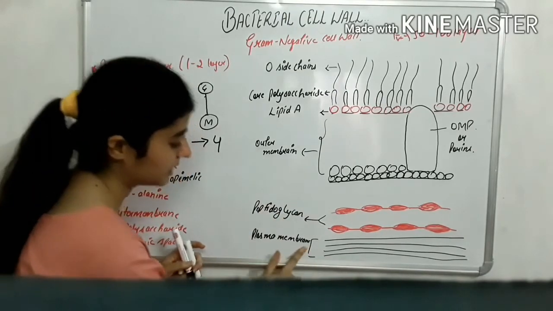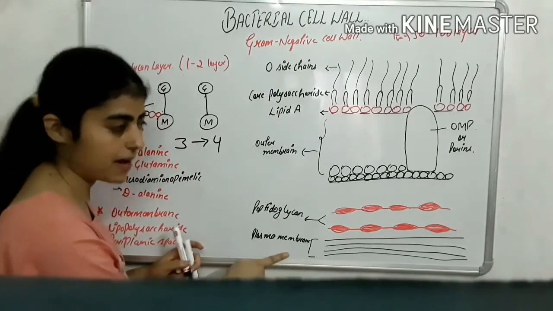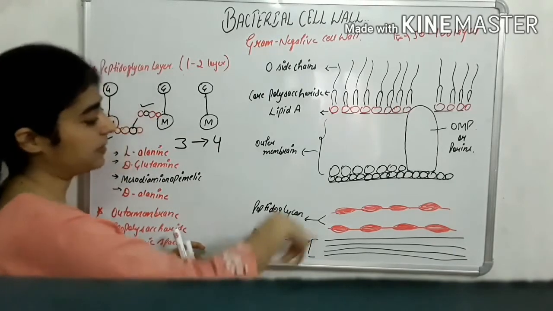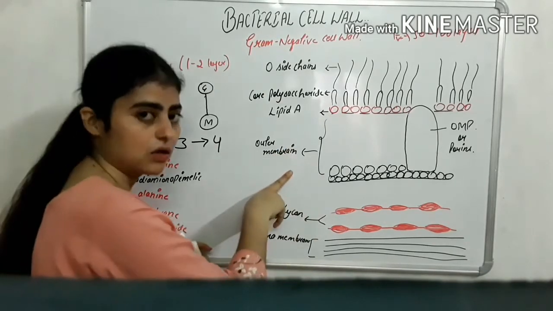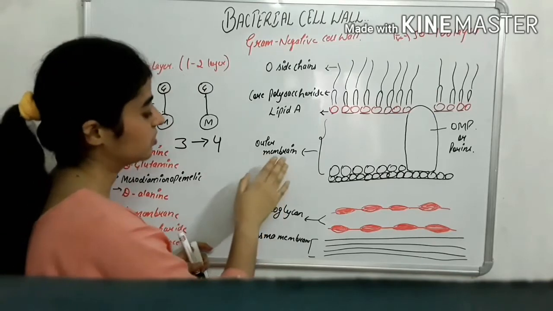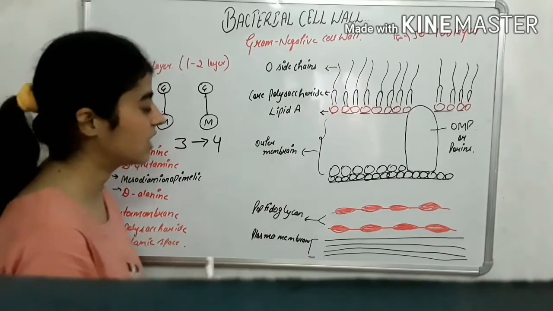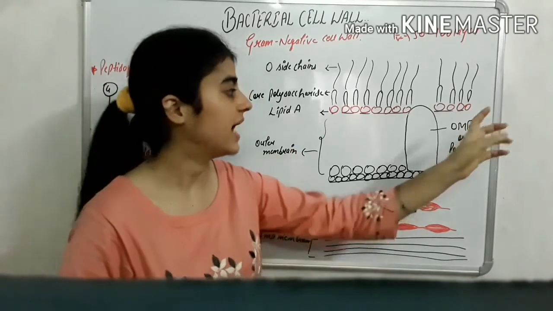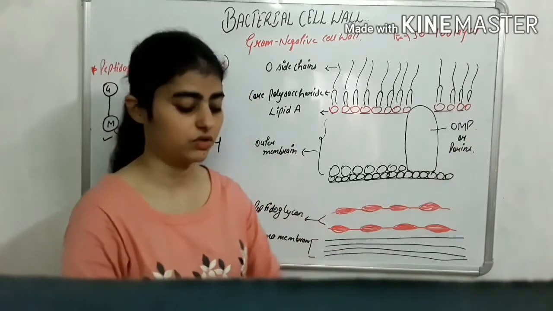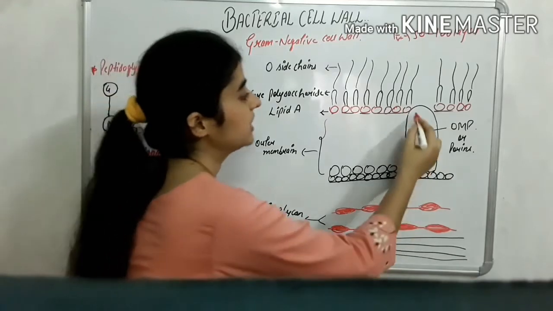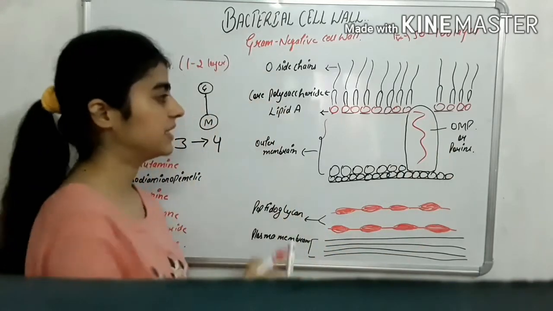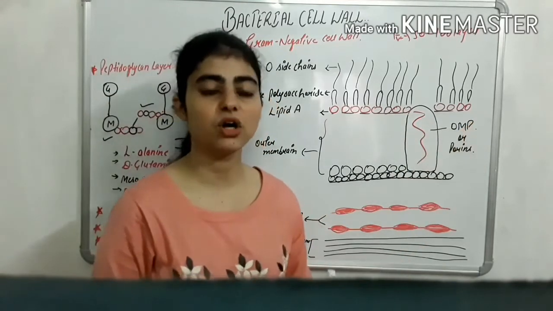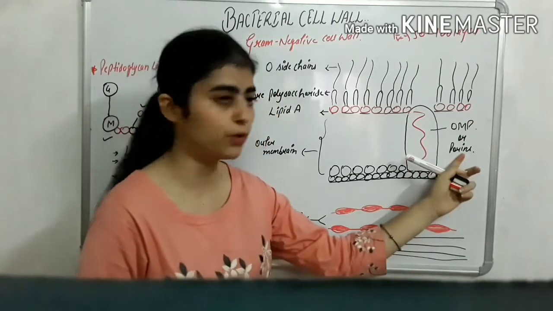Here is the inner membrane, and above it is the outer membrane. Now what does the outer membrane do? The outer membrane contains some proteins, which are called outer membrane proteins or porins. You can see here the proteins are present.